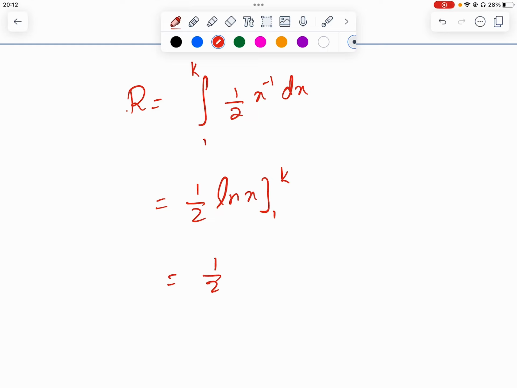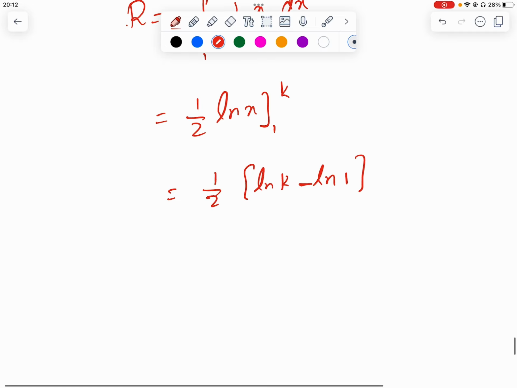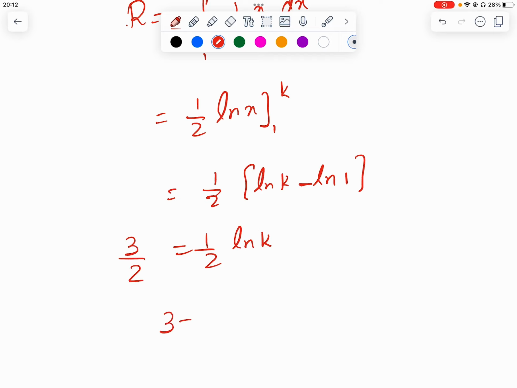So 1 upon 2 (ln k minus ln 1). ln 1 is 0, so that equals 1 upon 2 ln k. But the area he has given is 3 upon 2. So 3 equals ln k. So what is k equal to? e cube. That's going to be the answer.